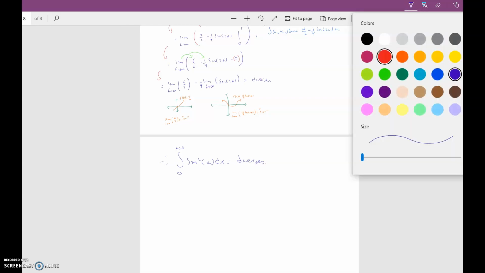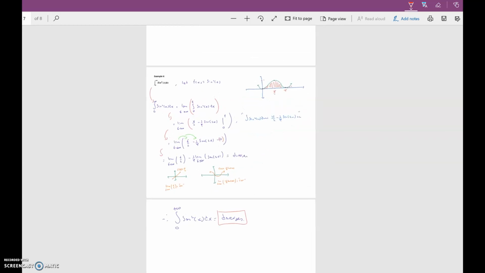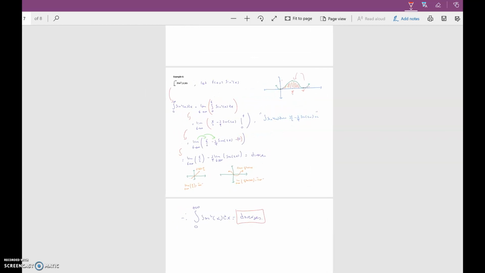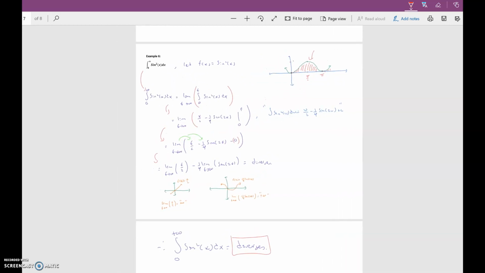What this means is that the area you obtain as you look at all of these pieces of the sine gets accumulated very quickly and grows unbounded, so you end up with an infinite area. We're only interested in areas that are finite, meaning you can get a number. In this case, the integral diverges. That is shown by both of the limits right here.